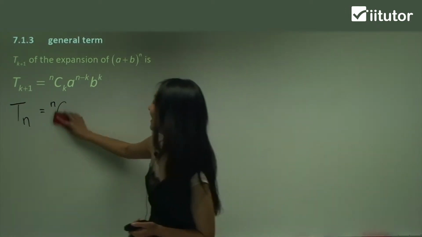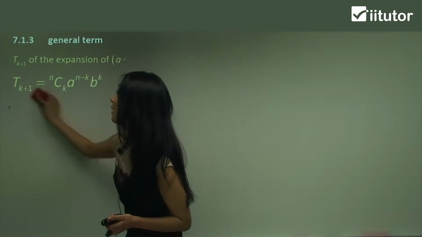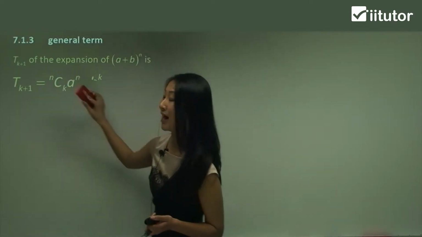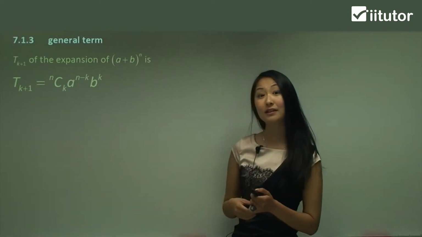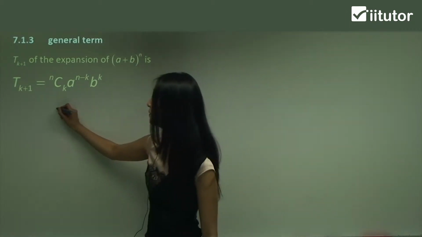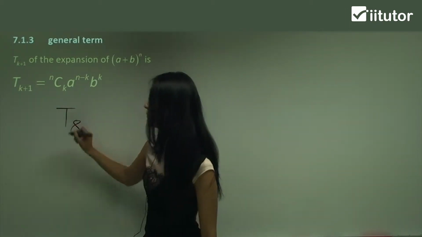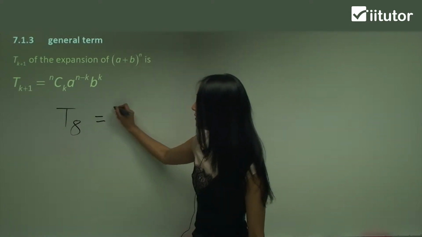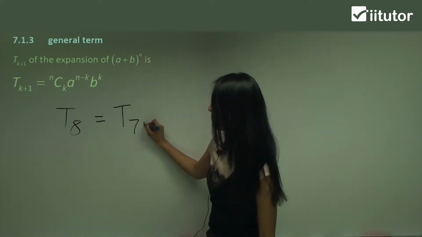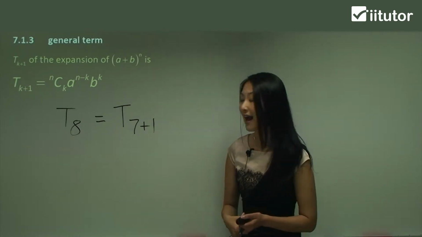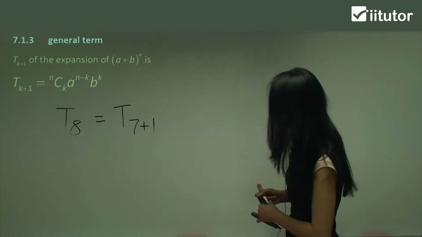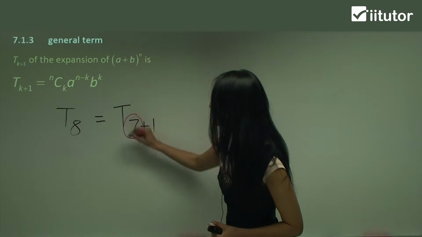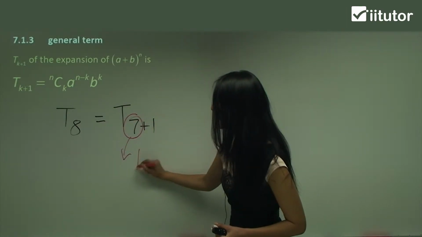Why it's important to know that we're adding 1 here instead of subtracting 1 there is that when the question wants you, for example, to find the 8th term, what's important for you to do is know that this is the same as T_{7+1}. And this 7 here is our k.